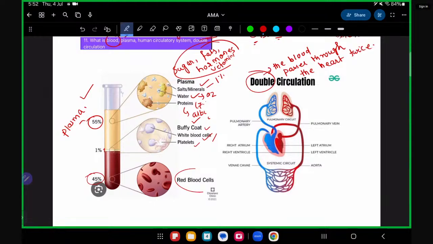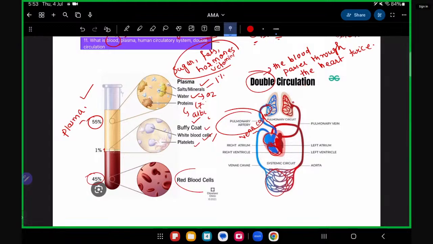Here you can see all the deoxygenated blood from the tissue is carried to the right atrium through the vena cava. From the right atrium, it goes to the right ventricle through the tricuspid valve. Then from the right ventricle, the blood passes to the lungs through the pulmonary artery. The pulmonary artery is the only artery that carries deoxygenated blood. In the lungs, oxygenation of blood takes place.